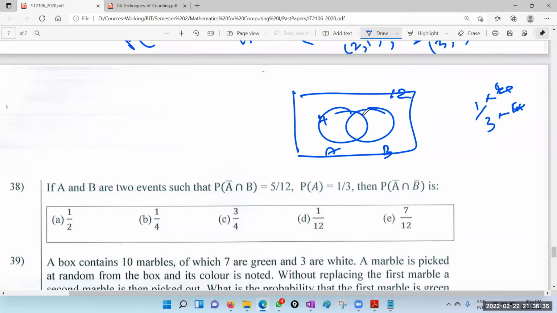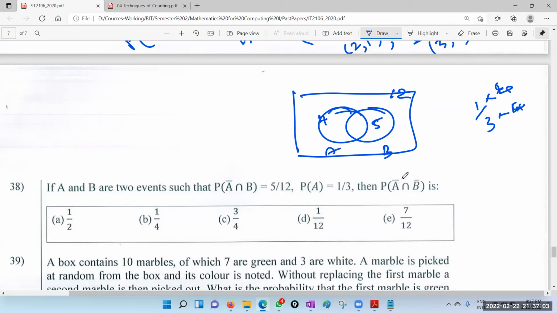Then the probability of B and not A, B happens but not A, is this area. So it must be 5. Then can we find this?